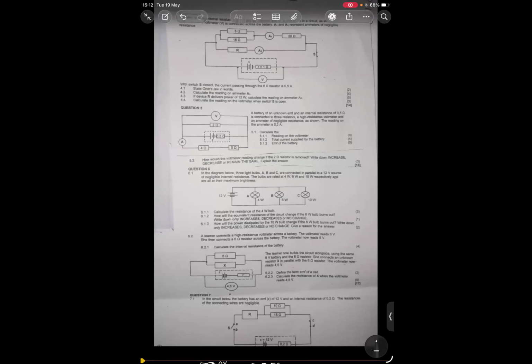And what is going to be 4.3? On 4.3, they're saying if the device R delivers the power of 12 watts, calculate the reading of ammeter 2.